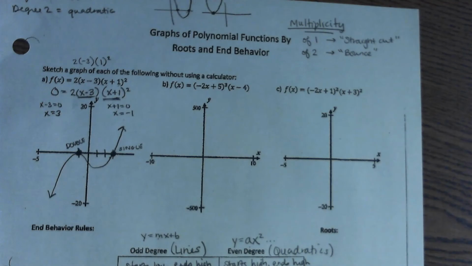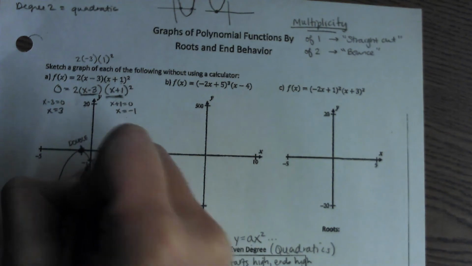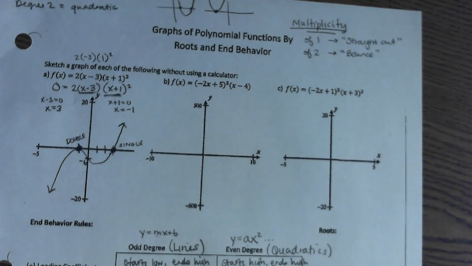What does all that give you? What's 2 times negative 3 times 1 squared? Negative 6. So the only thing you may be asked to do is label your y-intercept. Your roots and your y-intercept.